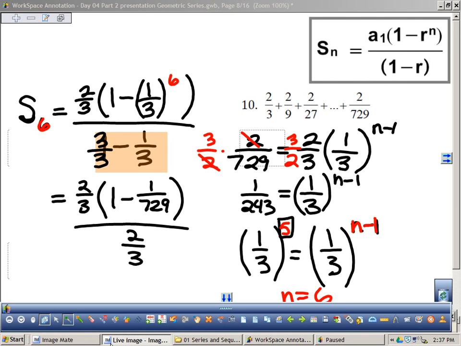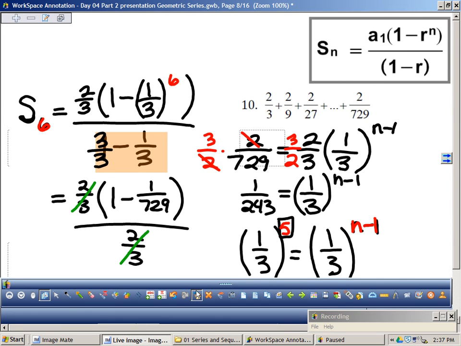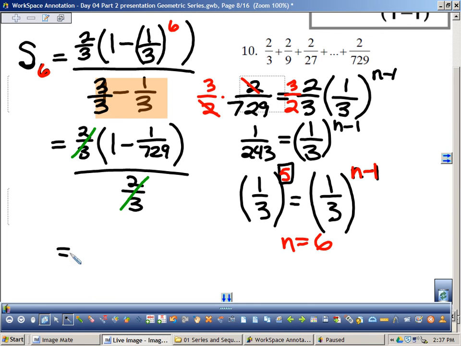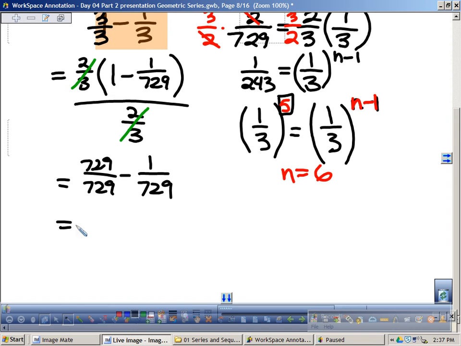So this is straight multiplication up here. These two cancel out. So something that looks really ugly is really not that bad. All I'm left with is this. A 1 is actually 729 over 729 minus 1 over 729 equals 728 over 729.